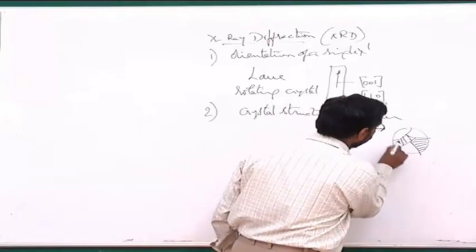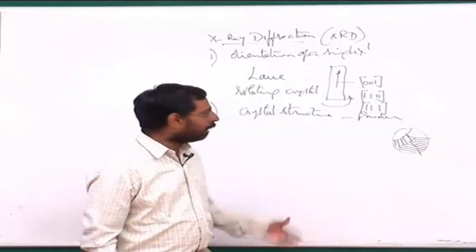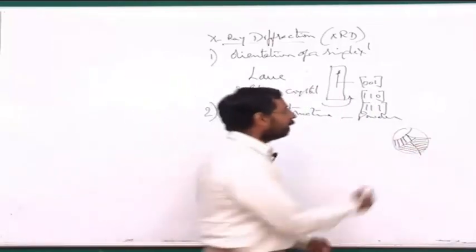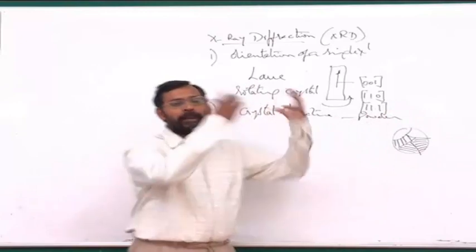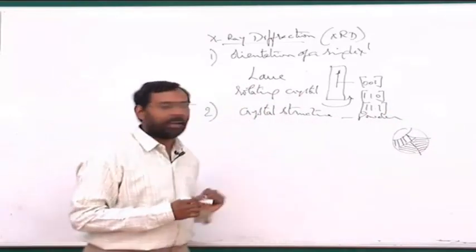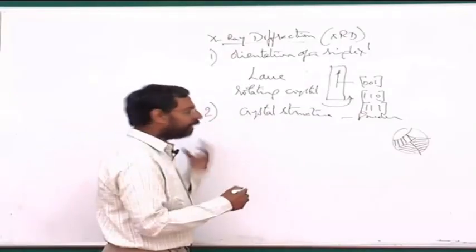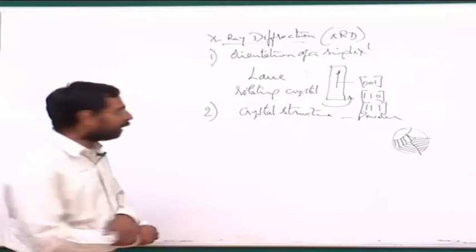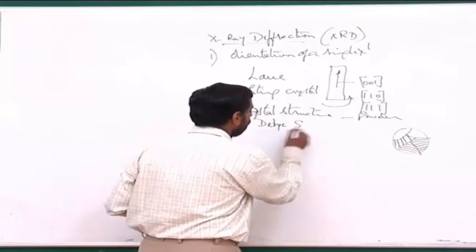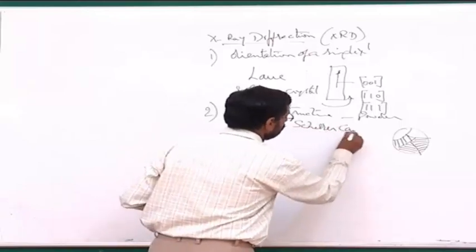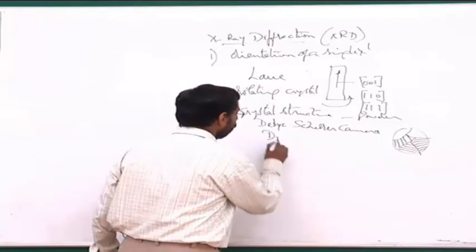The difference between each of the grains is that the orientation of atoms, the atomic planes, are different in each of these, but each of them is one single crystal. So that means this particular particle is composed of a number of single crystals. And in such a material, how do I find out the crystal structure? Historically, there was a technique called the Debye-Scherrer camera which was used, but many people nowadays do not use such a camera; what people use is a diffractometer.